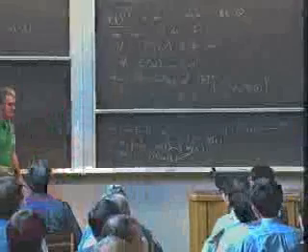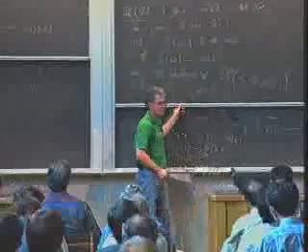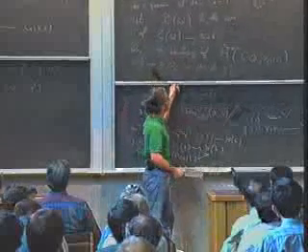So do I have time to sketch the proof for i equals 0, for the Bockstein, which is very easy, and just tell you where you need homotopy theory to do the general case.